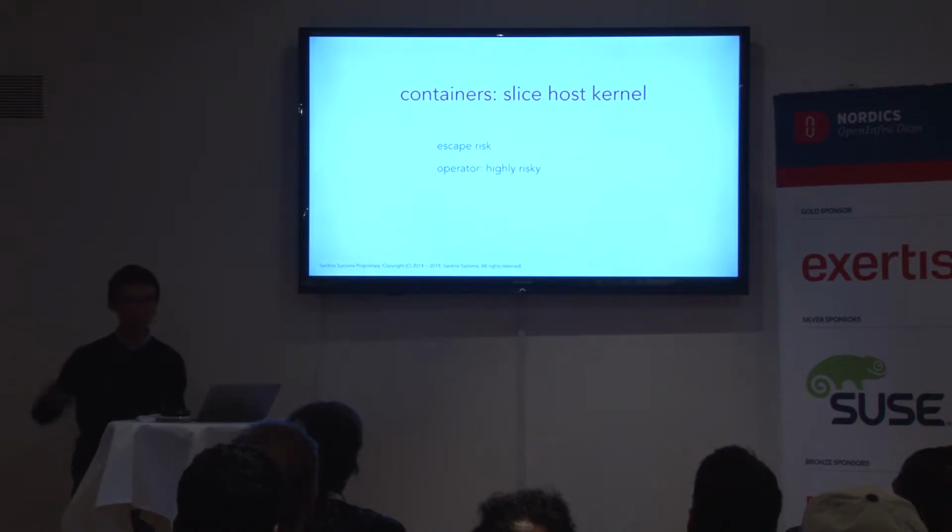Whether you say that risk is 99% or 1%, you can draw anything in between. But for the operator, this is a highly risky business. And consider that when your relationship isn't tight, operators certainly don't want that risk.